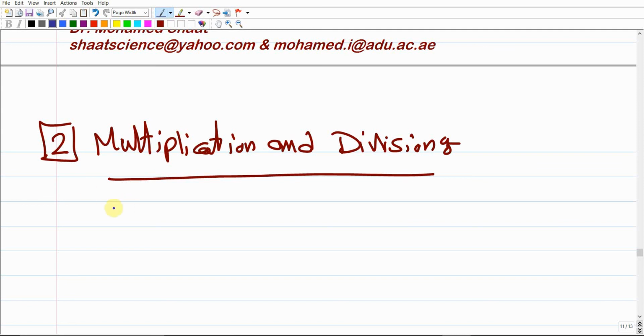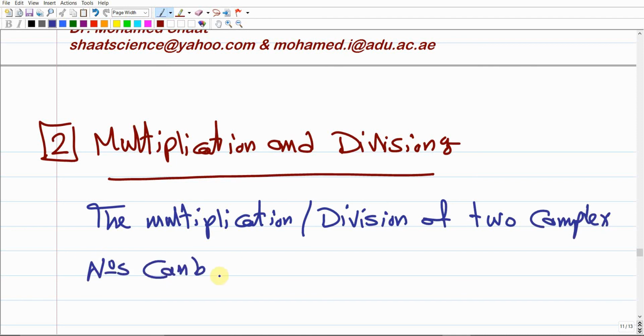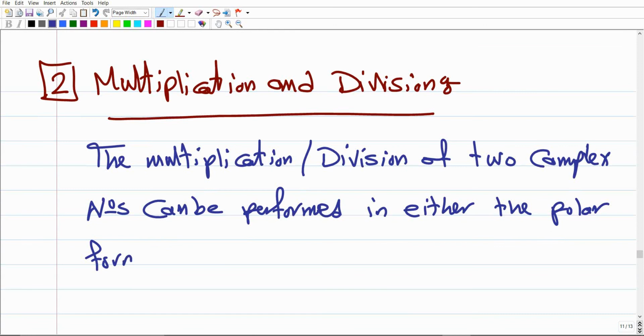So the multiplication or division of two complex numbers can be performed in either the polar form or the exponential form.